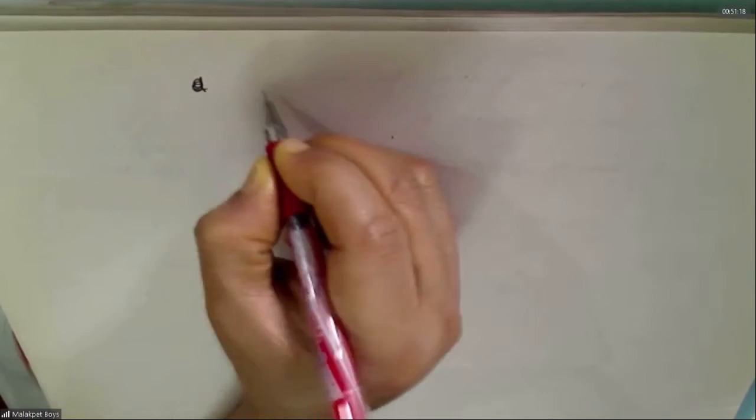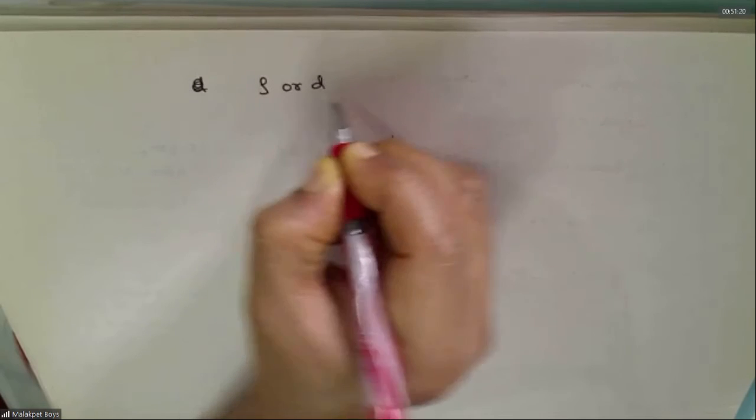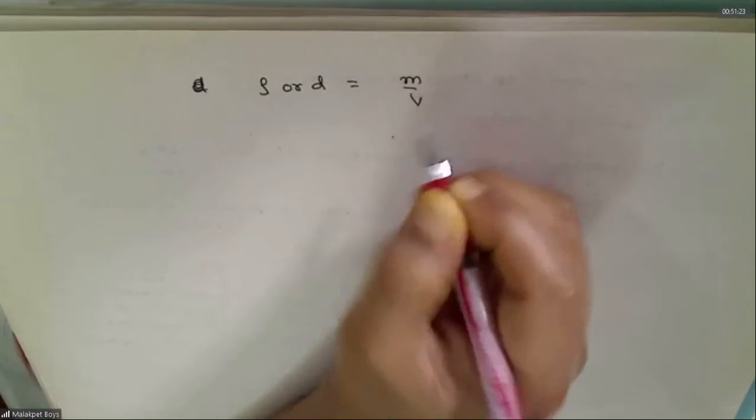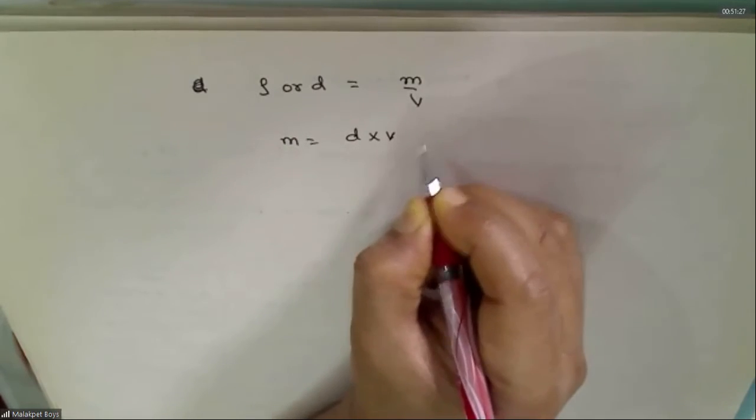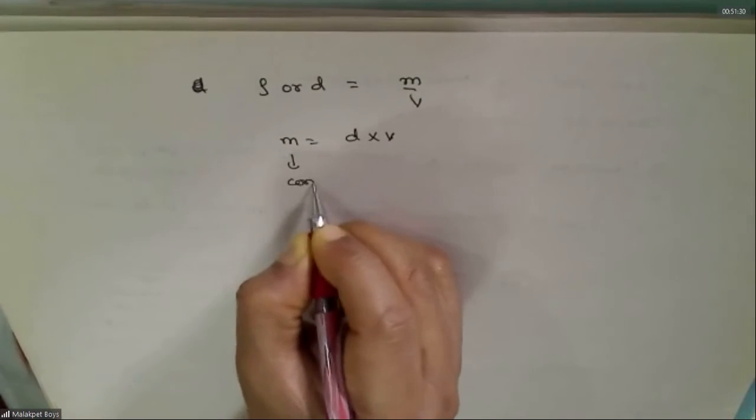Again, you have seen rho or d, density, is m by v. Mass is constant now.